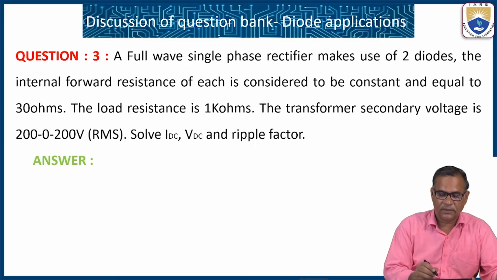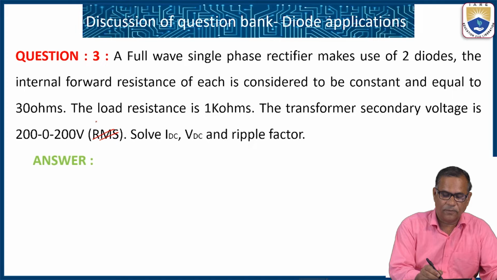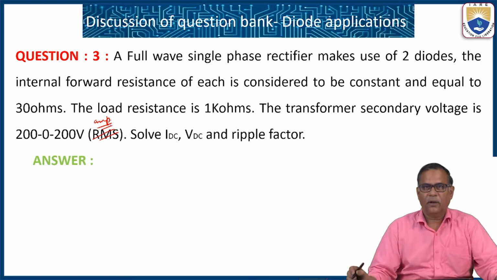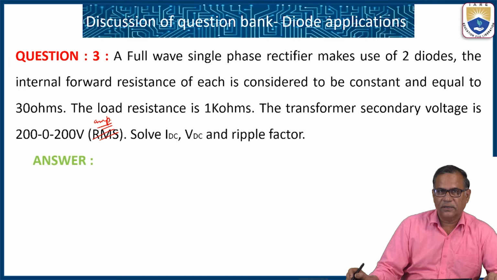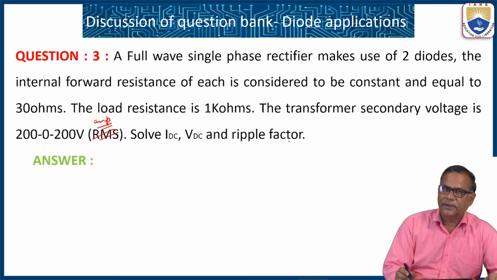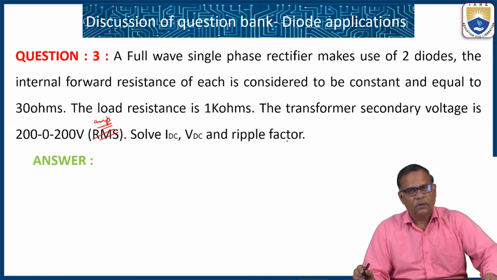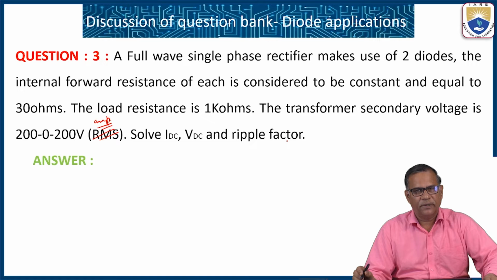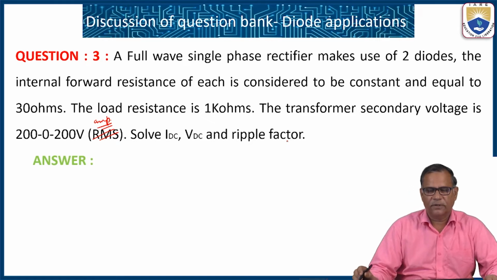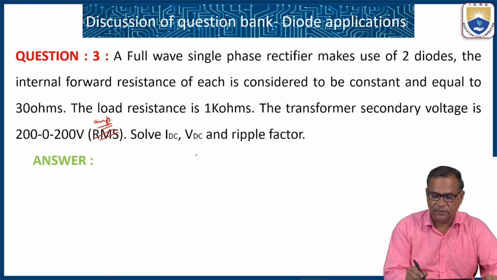So here, let us not take the RMS value, let us take the amplitude. Now under this assumption, let us find out the solution, and let us also assume that the full wave rectifier is provided with a center tap transformer with transformer turns ratio 10:1.